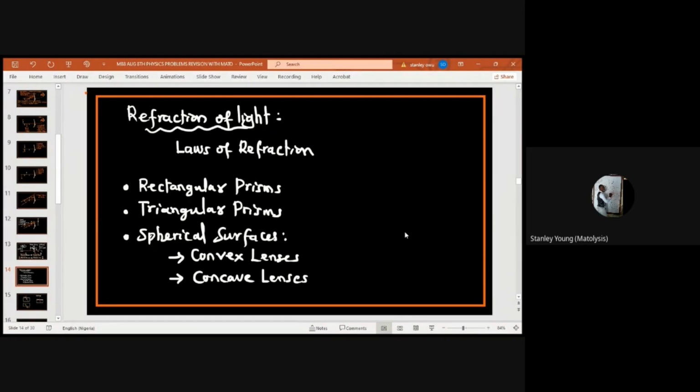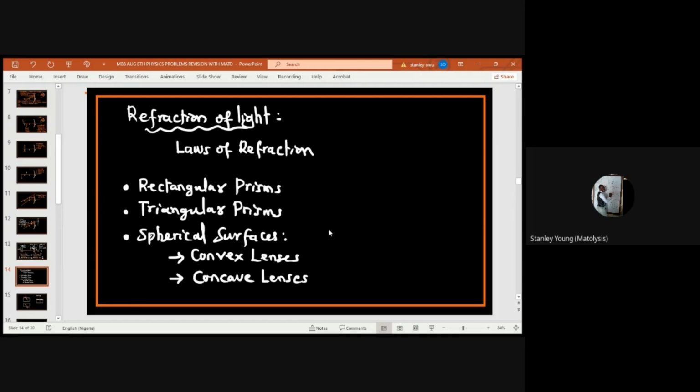Another medium, such that the two media have different optical densities. Or you can say it is the propagation of a wave from one medium to another medium. I repeat, it is the propagation of a wave from one medium to what? To another medium. That is what refraction is.